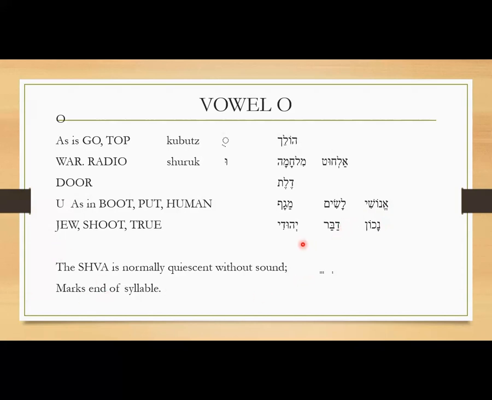Jew is Yehuda. Shoot. Remember, this is the one that's different. This is the word dabar, which is the word for word or thing.